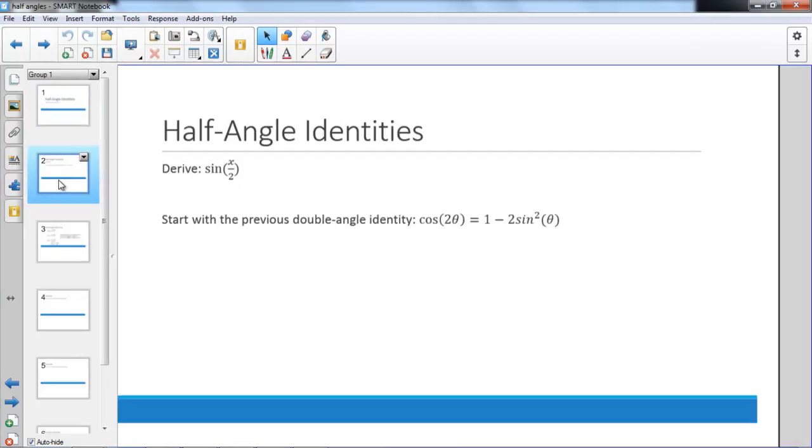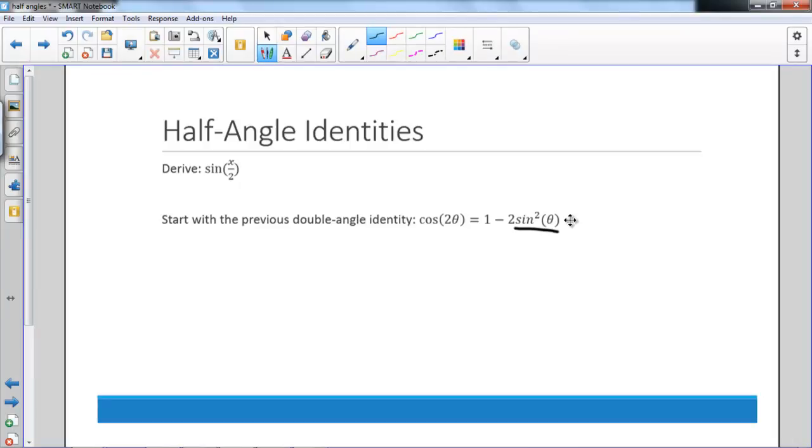So if you recall the previous double angle identity, cosine 2 theta equals 1 minus 2 sine squared theta, we're going to start with that. We first want to try and get sine squared of theta by itself.